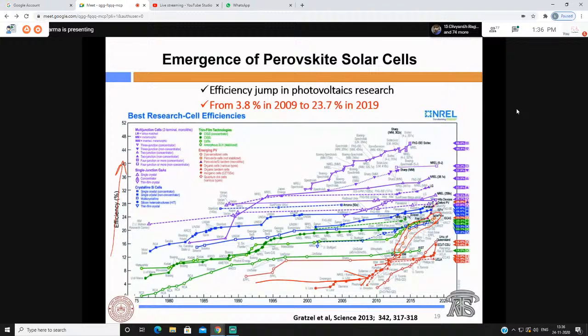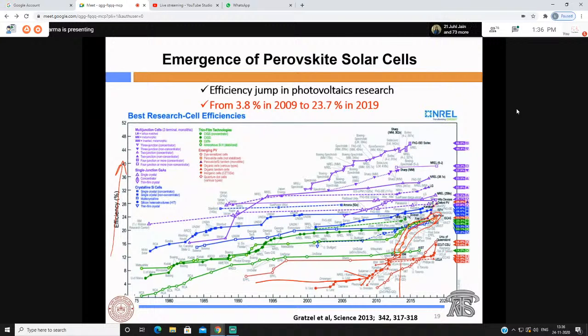Here you see that the research on the solar cell actually started in 2009. That data is not in this plot, and they have shown the data after 2014. So you see how quickly the efficiencies are being increased and how the research advances.